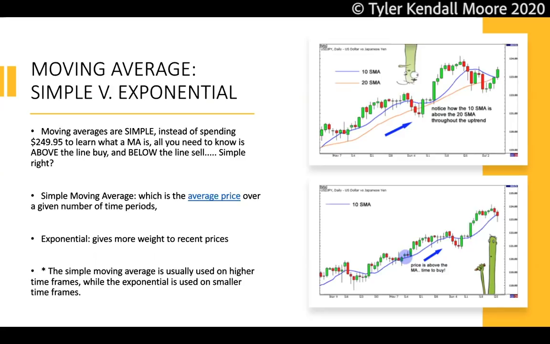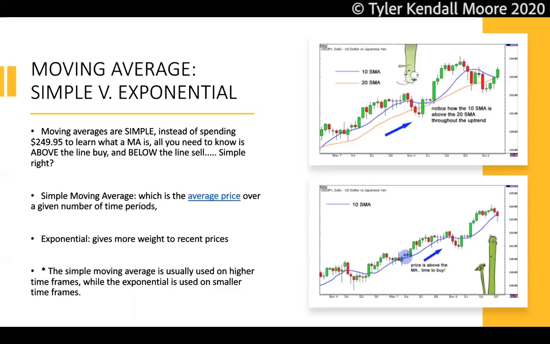Okay, so the exponential moving average just gives more weight to price. Now you can adjust the highs and the lows. You can adjust if you wanted to touch the opens or the closes, but in simplest form, the moving average is really simple to understand. Above the moving average you buy, below the moving average you sell.